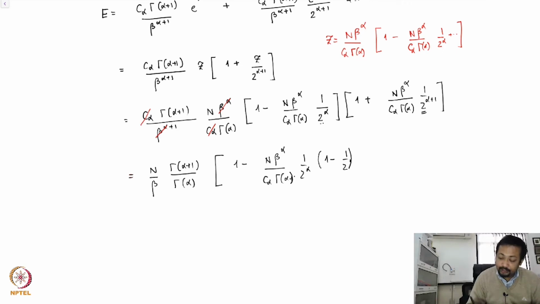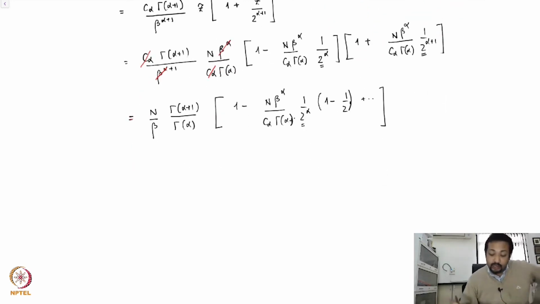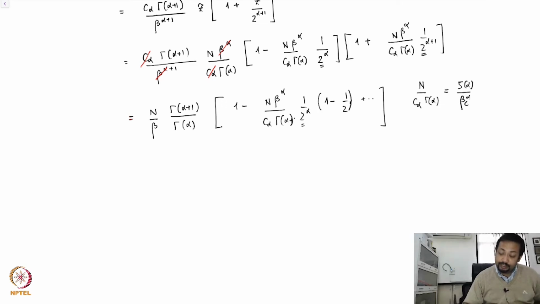So 2 to the power alpha is common, it comes out, and then you have the higher order terms, and again you identify that n over C alpha gamma alpha was zeta alpha divided by beta C alpha, the critical temperature. So this we have done in the earlier lecture.